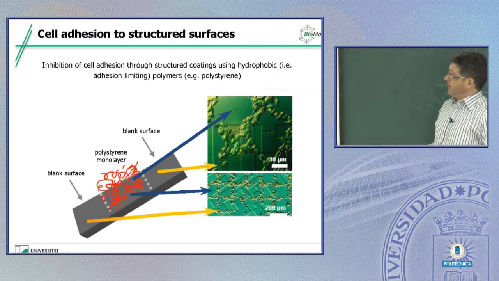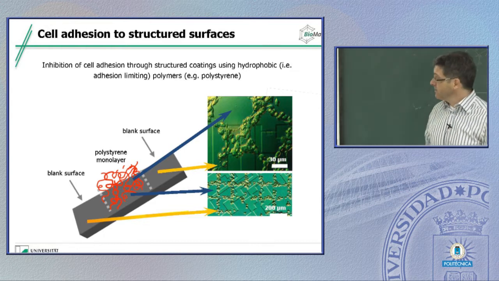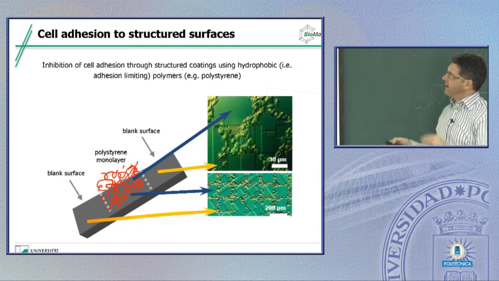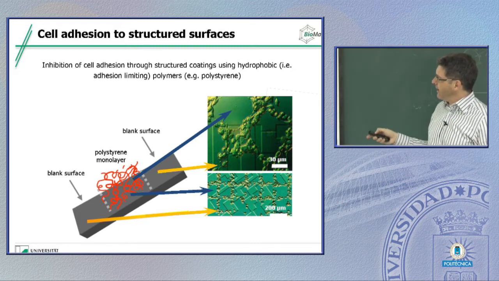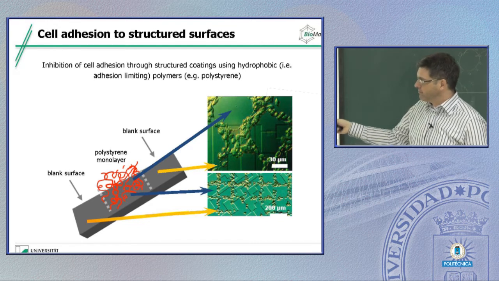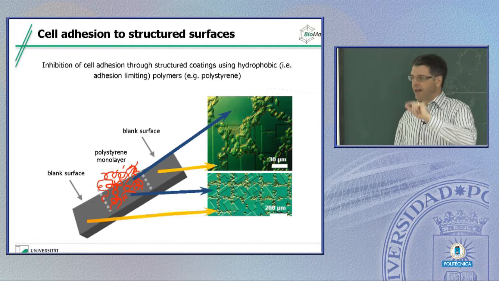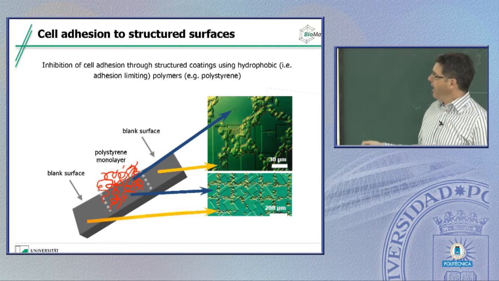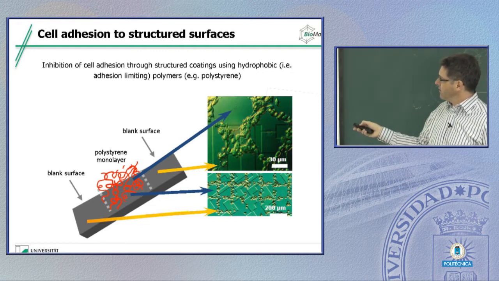And this is just an experiment to show you that you really can play around with these properties quite well, and you can actually make structured surfaces. As I told you, if you have a surface that's hydrophilic and you bring on something hydrophobic, you could use, for instance, polystyrene, and a monolayer of polystyrene will be sufficient. You just need like 2-3 nanometers of polystyrene on top. This will prevent the binding of proteins and also prevent the binding of cells, as you can see here, or on the larger scale.